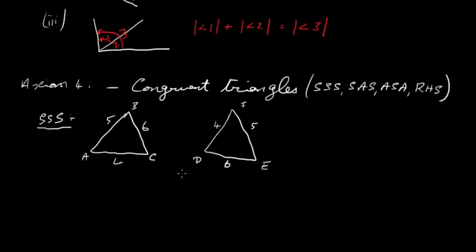You can see here that 5 is equal to 5, 4 is equal to 4, and 6 here is equal to 6. All three sides on both of these triangles are congruent. Therefore, what we would say here is that the triangle ABC is congruent to the triangle DEF. Okay, this is the symbol here for congruency.